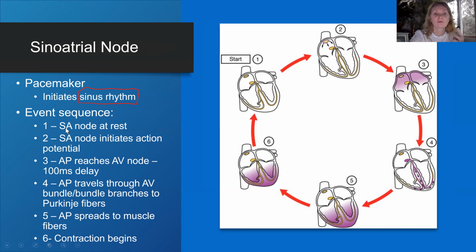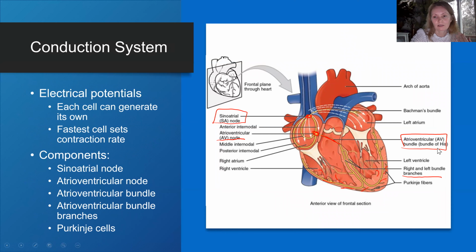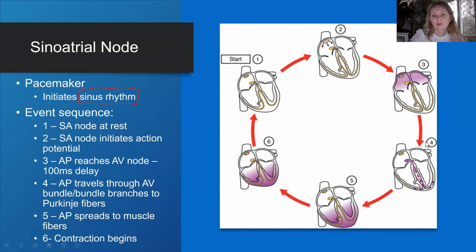And it goes from the SA node, so you see these little arrows, to the AV node, from the AV node to the AV bundle, then to the bundle branches, and then Purkinje fibers.